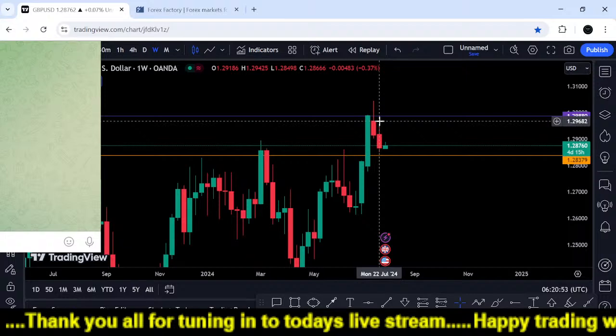But since it is in session, let's move to the H1 time frame. H4 is an uptrend, and H1 is an uptrend, but I don't see the zone over here to be something big. So let's calculate the pip range. It's about 5 pips. So I'm not going to take a trade within this zone.